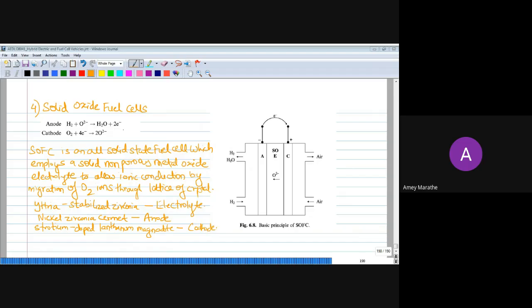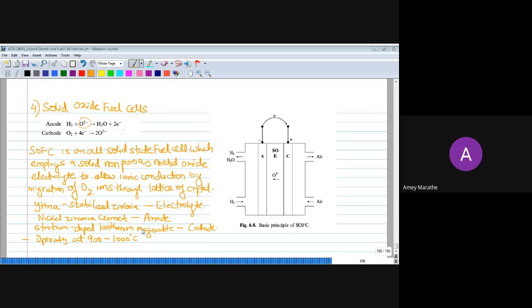Okay, since it is yttria stabilized zirconia which is used as the electrolyte, you see that we will have the oxide ion present in this particular reaction. The operating temperature is 900 to 1000 degrees C. So overall this is also a high temperature fuel cell.